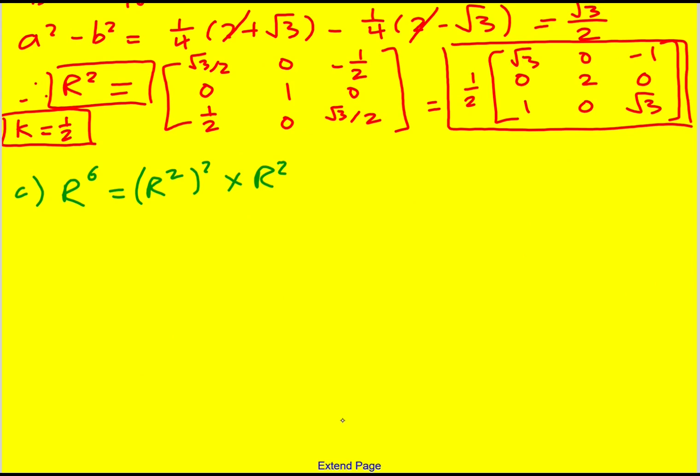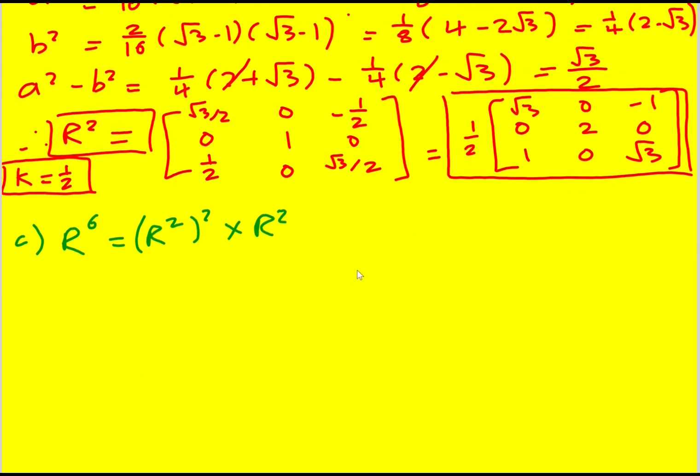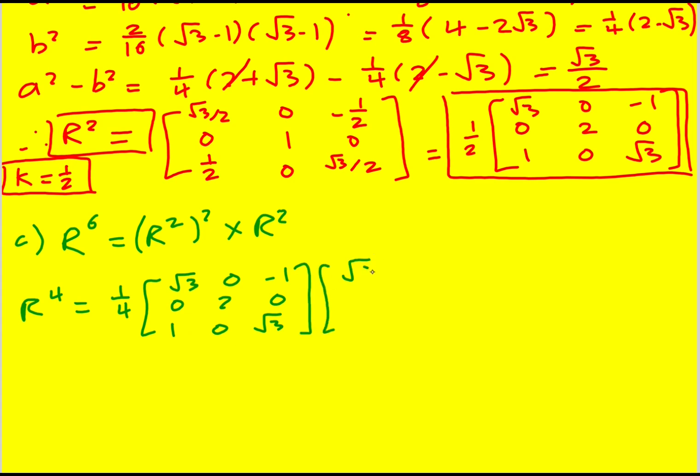So I need to times it by itself, and then again. Let me deal with r to the 4 first. So I'm going to get a quarter when I do a half times a half. Then times this matrix by itself.